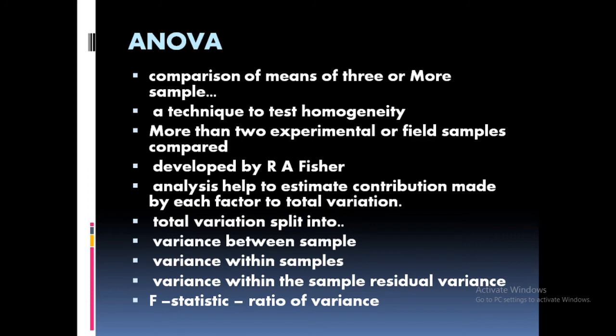So when more than 2 field samples or experimental samples are there to compare, the statistical technique used is analysis of variance. In the t-test we compared 2 samples. When more than 2 samples are there, you can use this test, that is analysis of variance. In short form, you can write this as ANOVA.